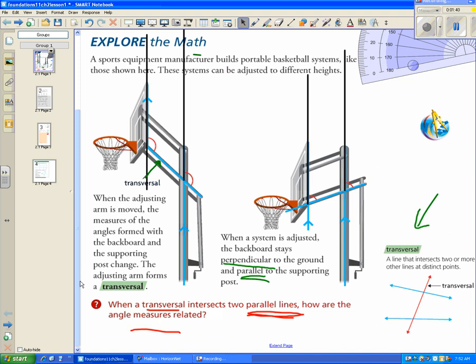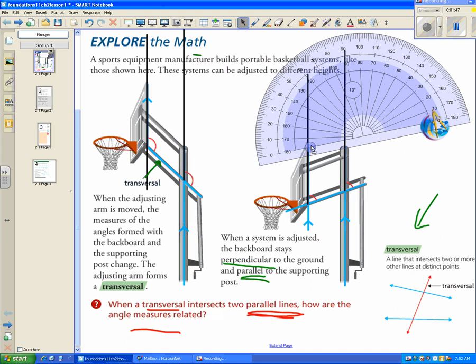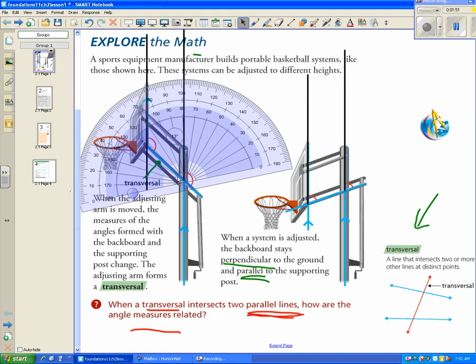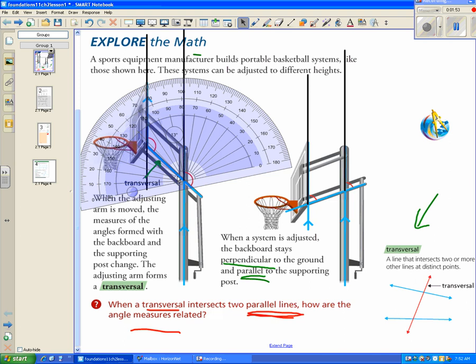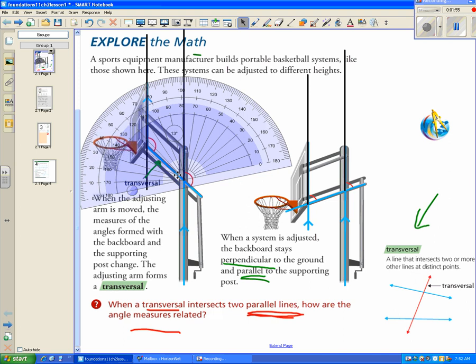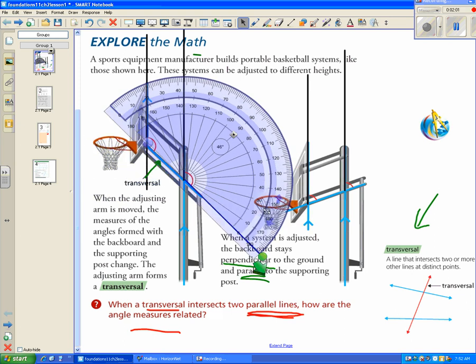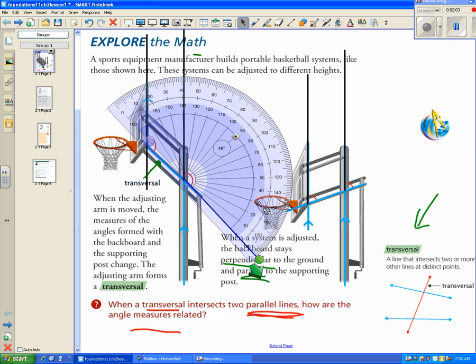The way we're going to figure that out is with a compass. We're actually going to measure. So if you have a compass, it would be a good idea to get it out. You will need it for this section. We're going to measure this angle. Let's see if I can rotate. You guys can probably do this much faster. There we go.